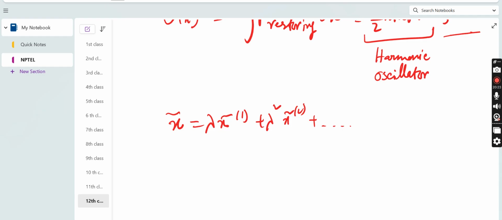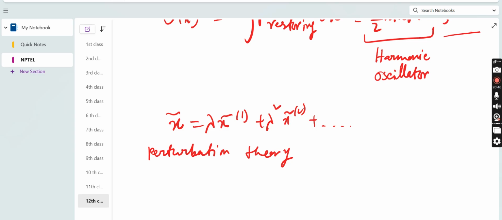And in week 11, the professor has already covered those things, how we can solve according to perturbation theory, what will happen when field strength increases or decreases, something like that.